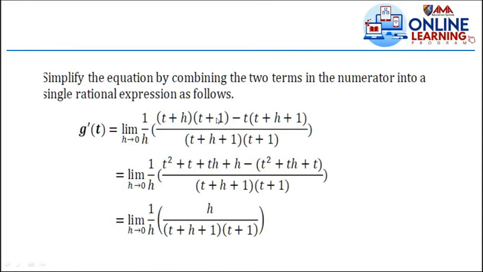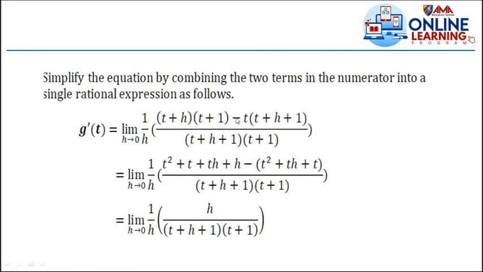t plus h is the same as a plus b raised to 2. Or you can use FOIL method if you're going to multiply these two binomials. So if we're going to multiply that one, we have, okay, t squared plus t squared, FOIL method po tayo, no? Then, t by 1, we have t, h by t, th, then h by 1, we have h.